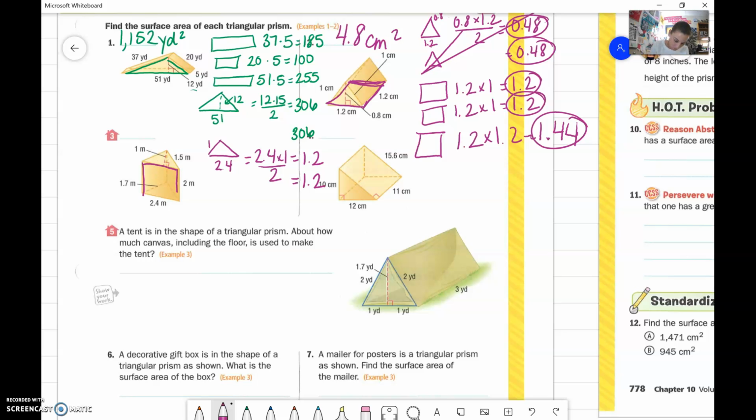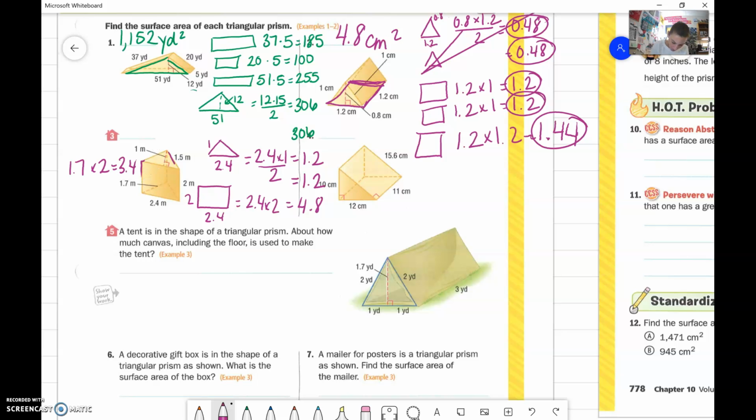Let's take a look at this one right here, this rectangle. It kind of looks like a little square. 2.4, notice right here, and then this side is 2. So I'm going to take 2.4 times 2, and I get 4.8. Then I'm going to erase, and I'm going to take a look at this side, and it looks like on this side I have 1.75 times 2, which is right over here, so 1.75 times 2, which is 3.4.